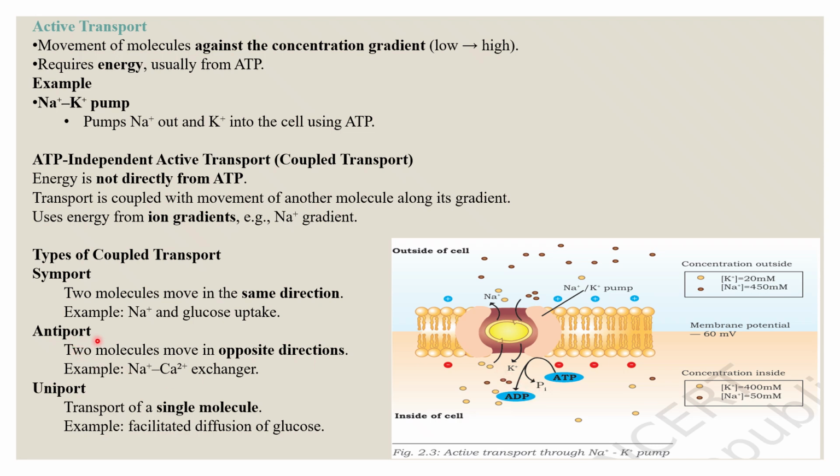In case of antiport, two molecules move in the opposite direction, like in the sodium potassium transport, or sodium calcium exchanger. In case of uniport, transport of a single molecule occurs, and the example is facilitated diffusion of glucose. So that's all. Thank you.